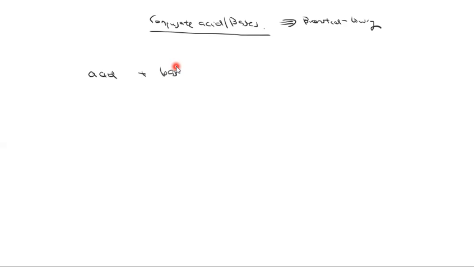So we'll also need to quickly cover the idea of what conjugate acid-bases are. Conjugate acid-bases relate to the Bronsted-Lowry definition. They don't exist under the previous definition. Under the Bronsted-Lowry definition, you've got an acid plus a base react to form something. The acid is going to give an H+ to the base.